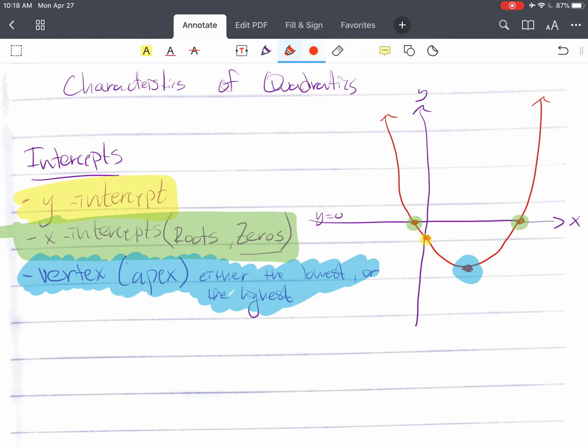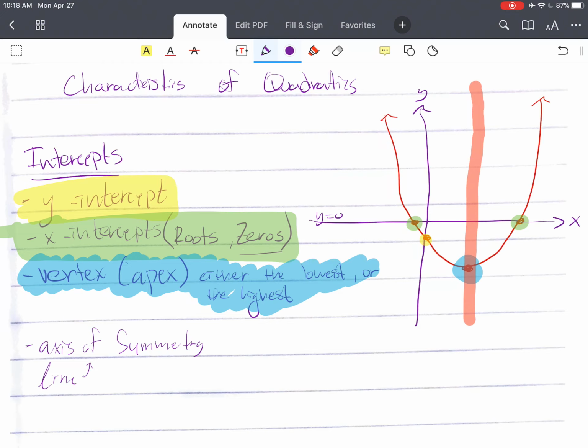We also have this special thing. I'm going to try to draw it with the red one. This is called the axis of symmetry. And if you don't like using the word axis, just use line of symmetry.